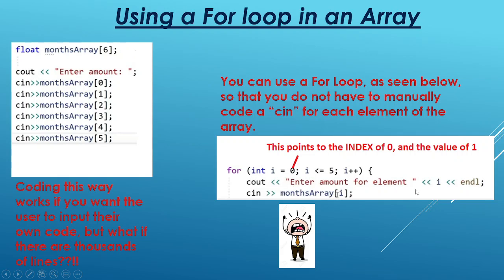Then we're going to enter the amount for the element, and it is going to increase by 1. And then that is going to continue to loop until i is less than or equal to 5. So when this turns to 6, that's it. It shuts down. So you got 0, 1, 2, 3, 4, 5. And that's how this loop is going to work.